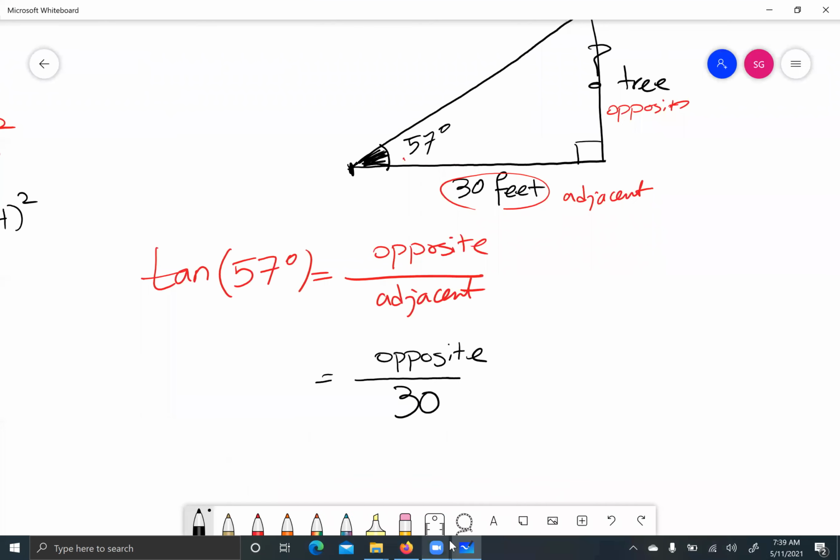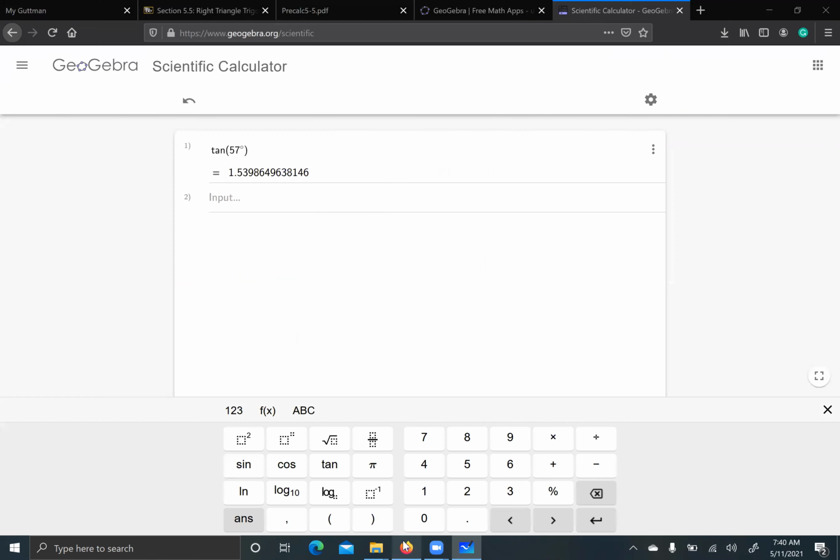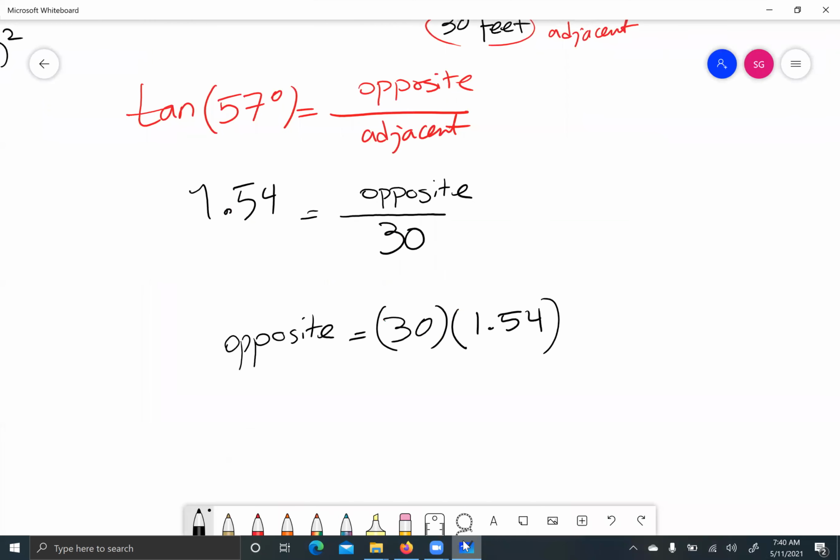So the opposite side is going to be 30 multiplied by 1.54. Basically we just multiply 30 by this value. If you run this, it's almost 46.2.